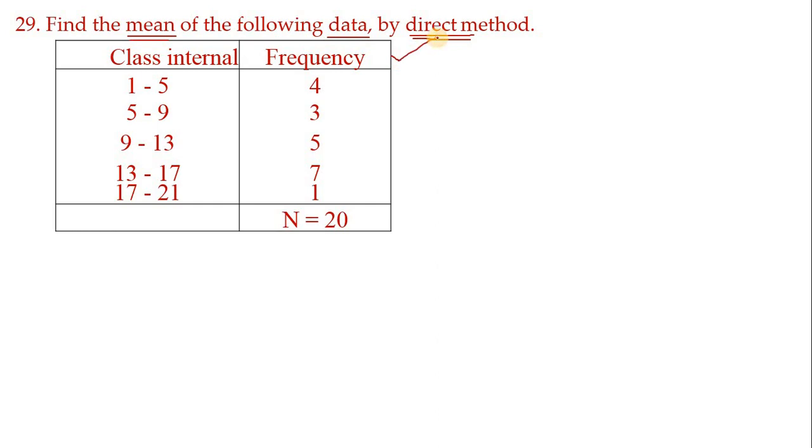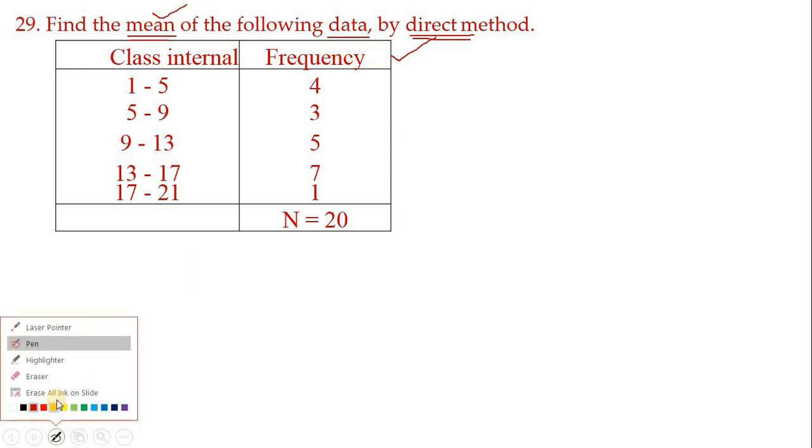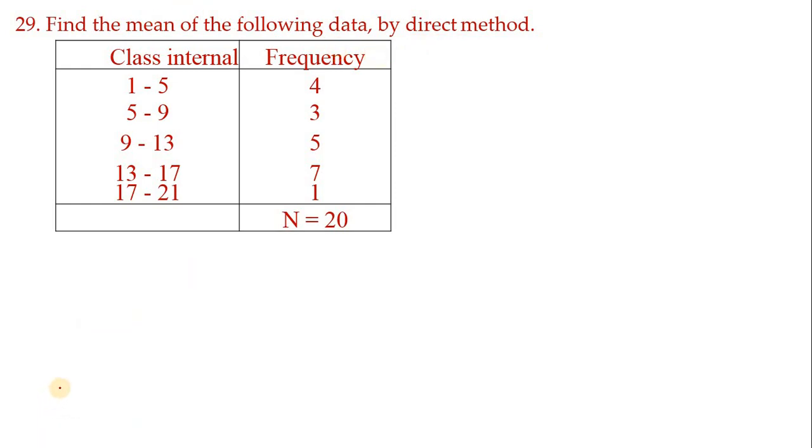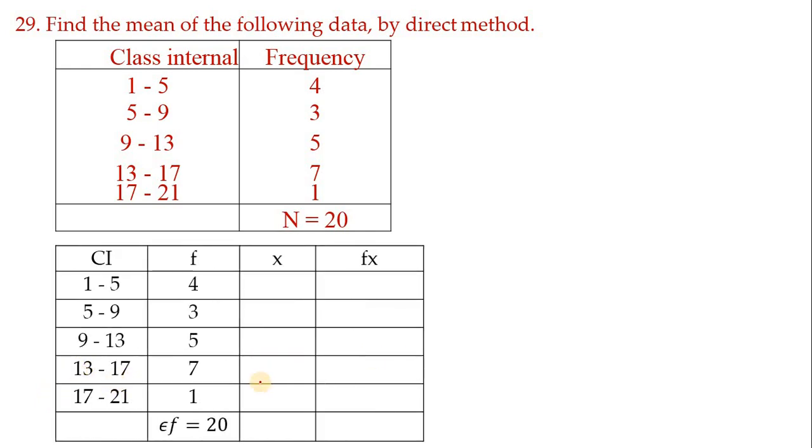This is a given data, children. So for this data, we have to find mean by direct method. To find mean by direct method, we have to prepare a table of 4 columns. Let us look into that table now.